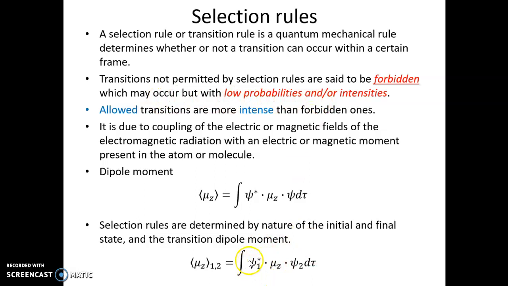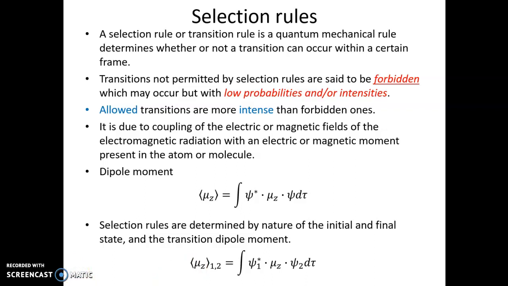If it's non-zero, then the transition is allowed, and then you have an intense observation. This equation leads to the different selection rules that we have with various quantum numbers.